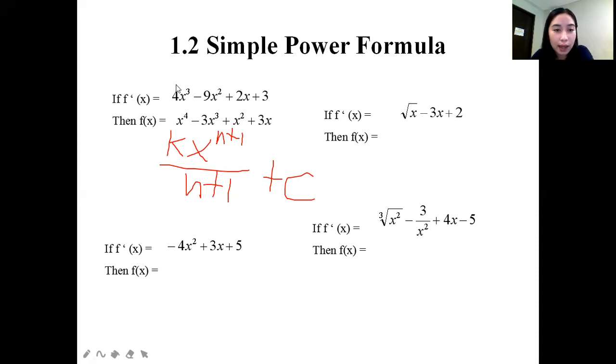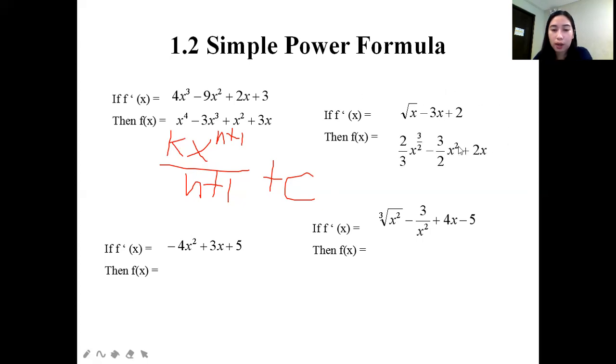So, naa tay k is 4. So, 4. Imagine na lang ninyo class ha. 4x, tapos 3 kay ni si n nato. So 3 plus 1 it will be 4, all over 3 plus 1 which is 4. So cancel out nato si 4, mabilin si x to the 4. So mao ra ni ang ato gigamit.